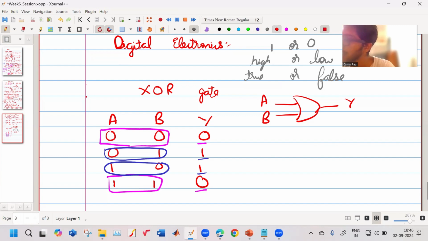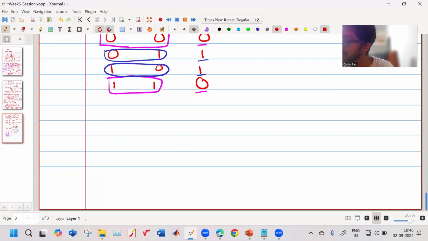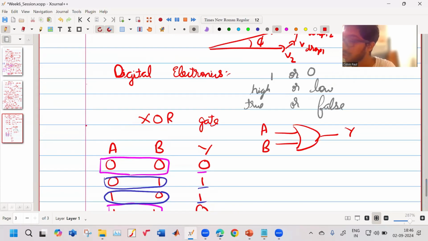So now, let us consider an SR flip-flop. We have one XOR gate like this, another XOR gate. Sorry, there's an error in the XOR gate symbol. This is an OR gate symbol. XOR gate.